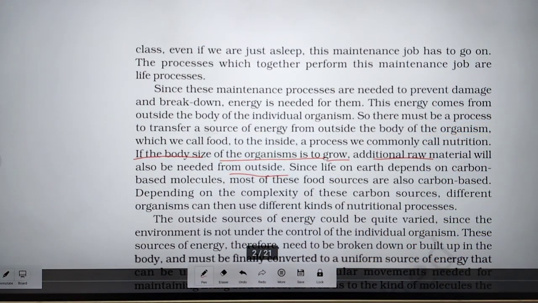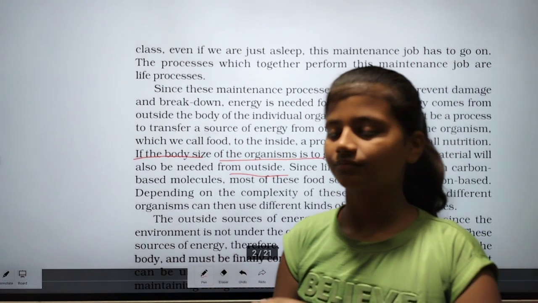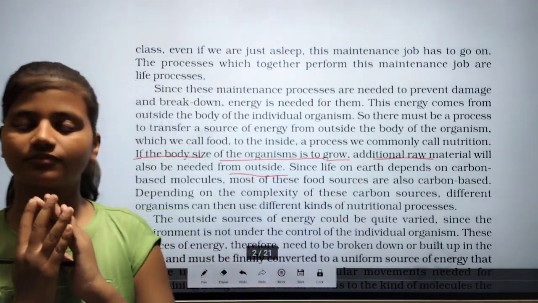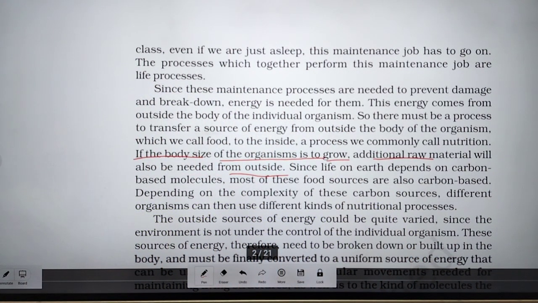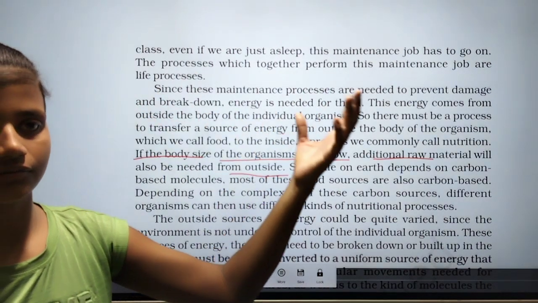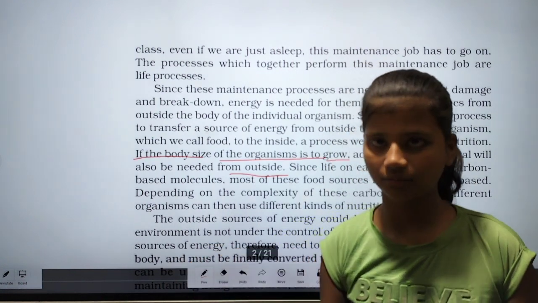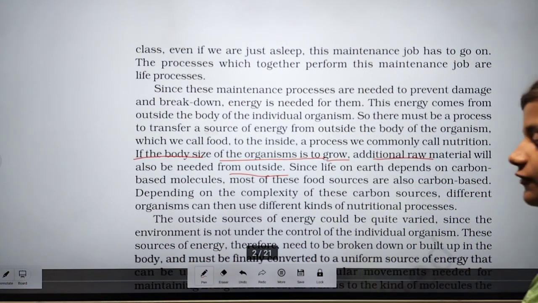If the size of the organism is to grow, then additional raw material will also be needed from outside the body for this organism.